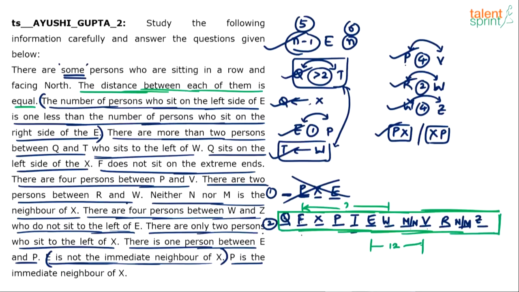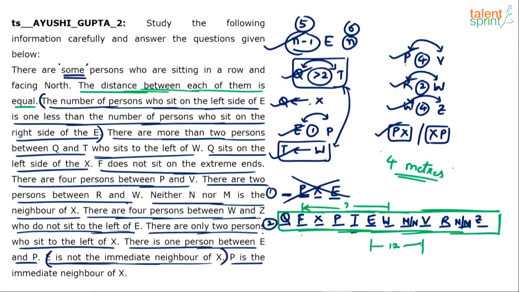E to W 4 meters, W to M 4 meters, M to V 4 meters. I'm assuming this is M, right? So the distance between consecutive persons is 4 meters. Simple observation, right?